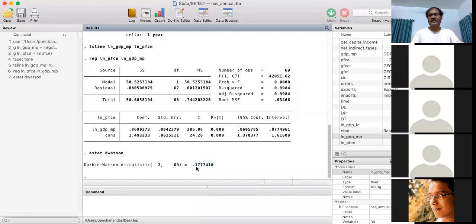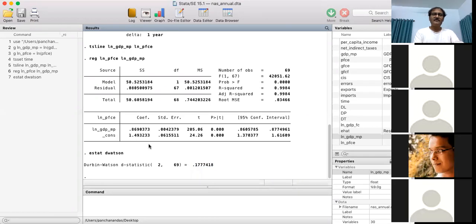presence of serial correlation. So from this result, we can say that in this result, individual coefficients are highly significant, but at the same time, Durbin-Watson is very low. The Durbin-Watson estimated value is 0.177. So it is significantly less than 2.